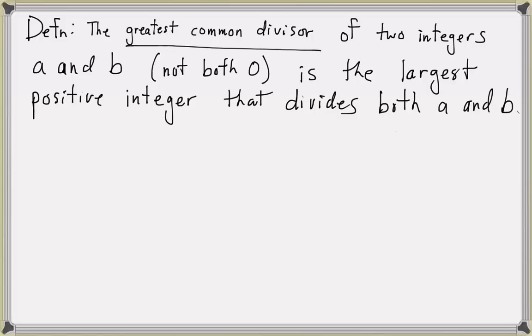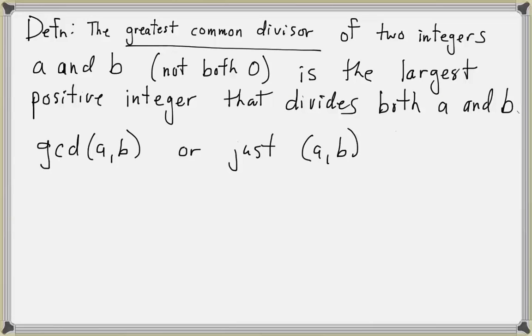The greatest common divisor of a and b is denoted by GCD(a, b), or simply (a, b). Now, this expression occurs so often in number theory that it's the only function that has no notation.